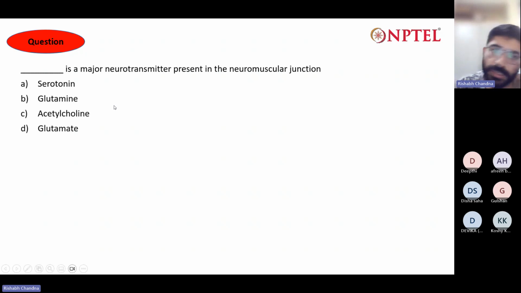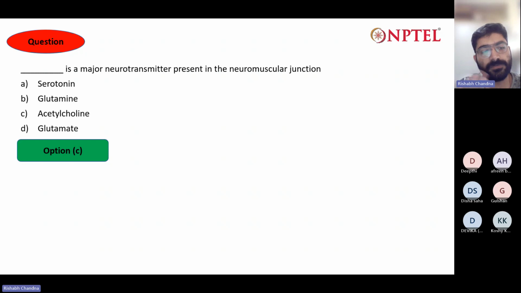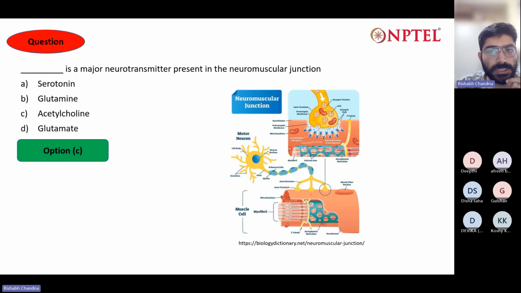So here the correct answer is acetylcholine because this neurotransmitter is majorly found in the neuromuscular junction. And this is the particular diagram of the neuromuscular junction.